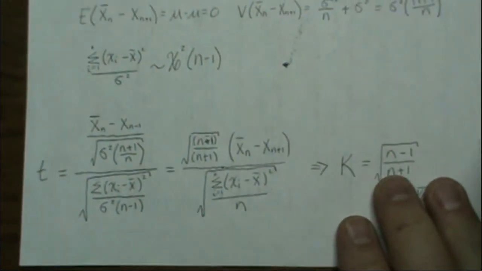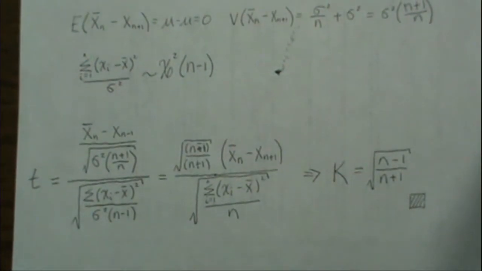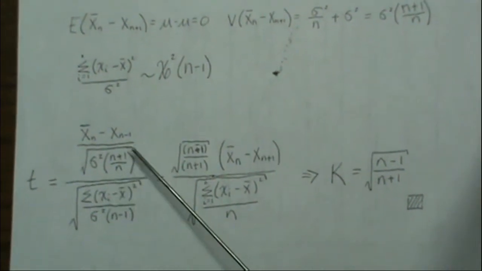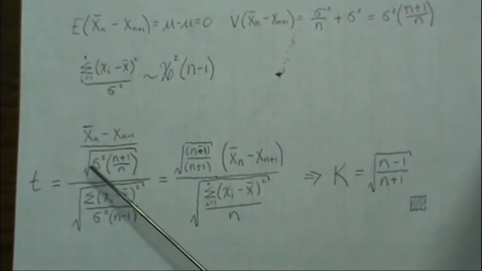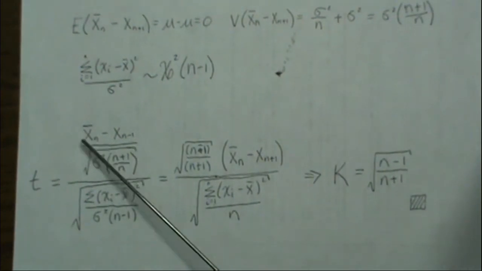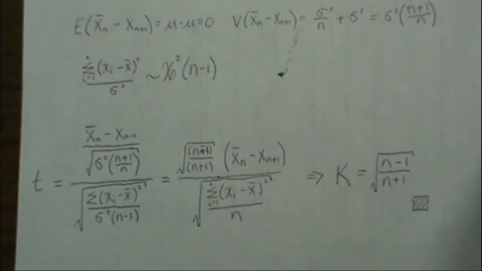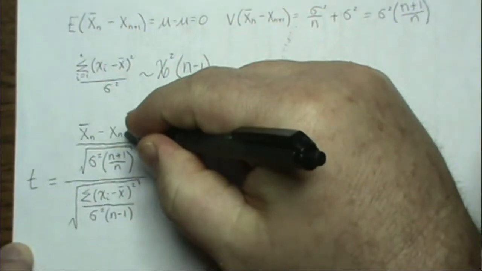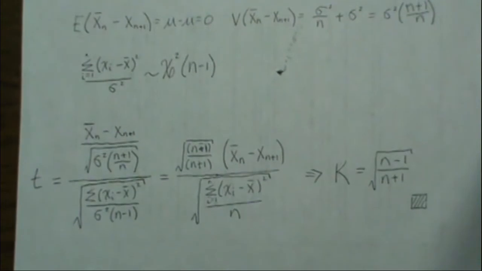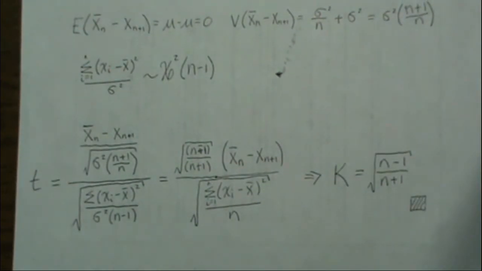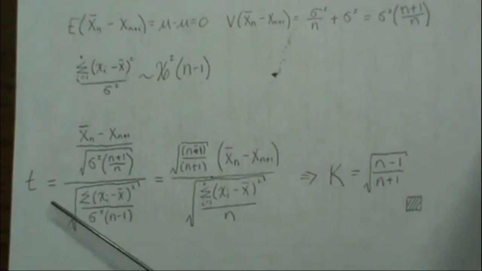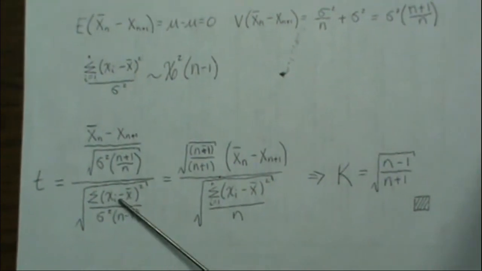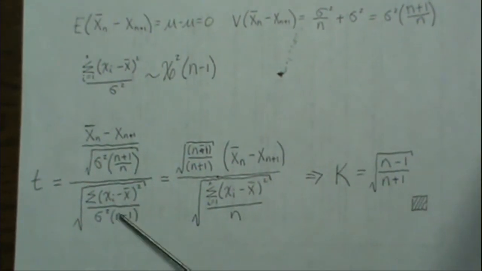So we set up this equation here. So t is equal to a standard normal. So we take xn bar minus xn plus 1, and then we divide by their standard deviation, and that's a standard normal. Now we divide by a chi-squared distribution divided by its degrees of freedom, which is this.